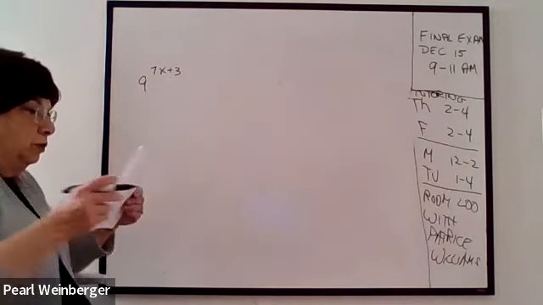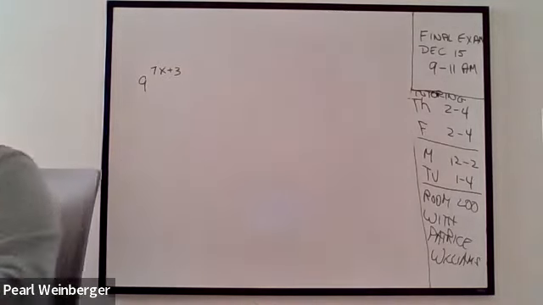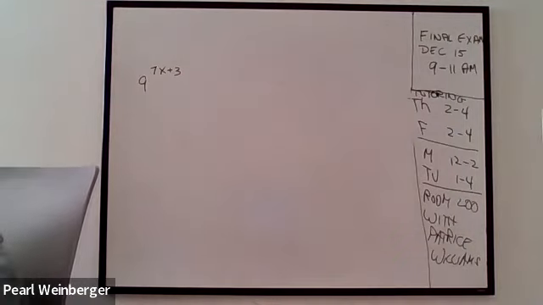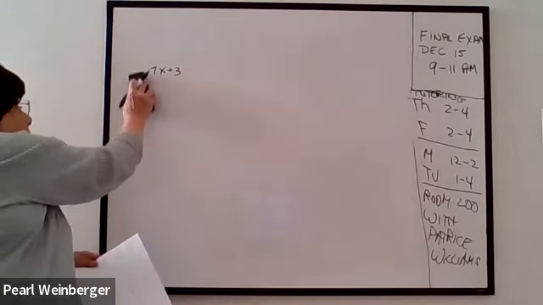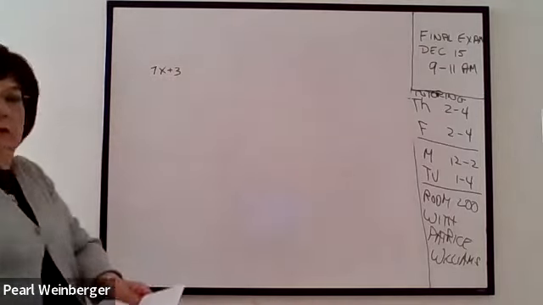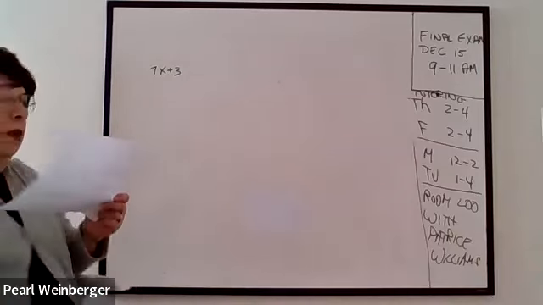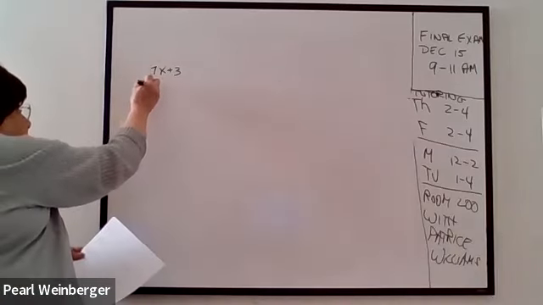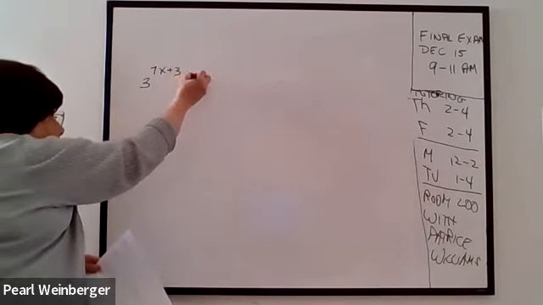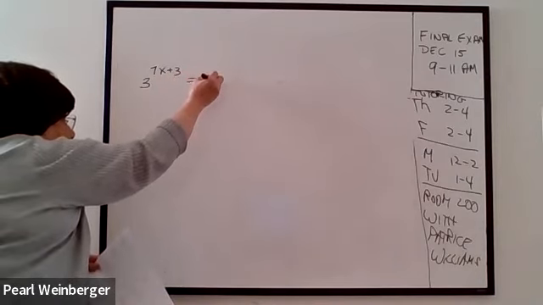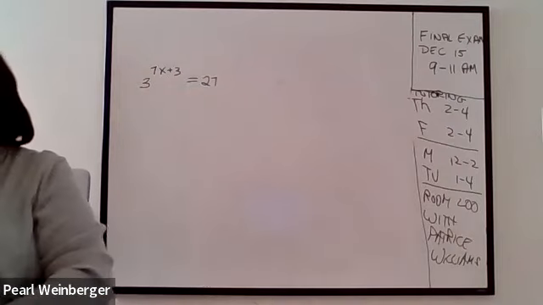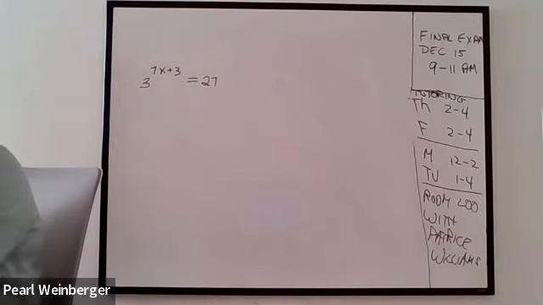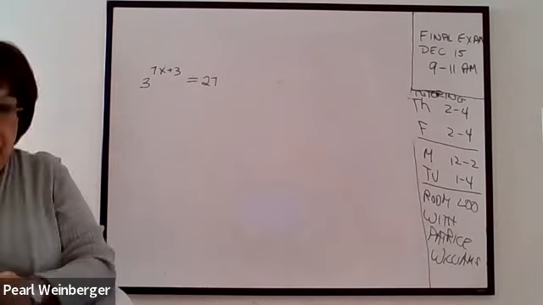That's a little bit too hard, I'm sorry, I don't want to do that one. 3 to the 7x plus 3 equals 27. Let's see if you remember how to solve this type of exponential equation.